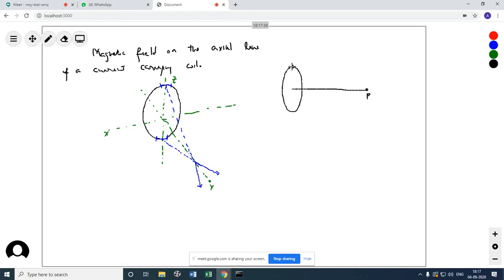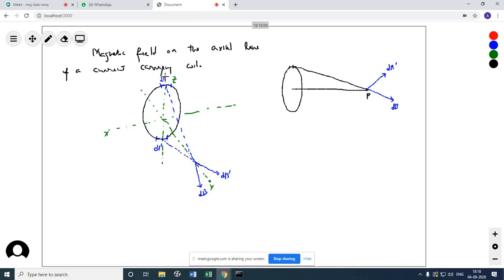In order to find that, let me draw a line here which is coming to this observation point. Similarly from here it is coming to this point. The direction of B in this case is like this, and in this case also it is like this. Am I right? Yes sir.